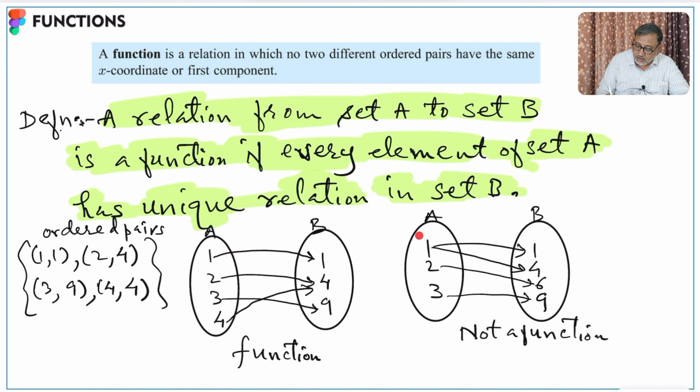But here 1 has two associations, with 1 as well as with 4. So this is not unique, okay. And if there is some element 4 which has no relation in the second set, then the first part of the definition which says every element of set A, so in every 4 will be left as it is, therefore again it will not be a function, right? Okay.